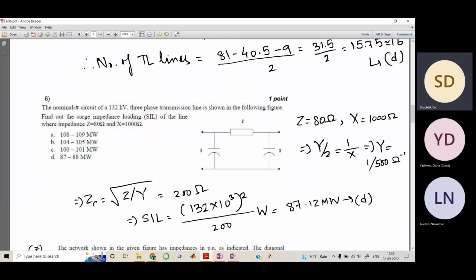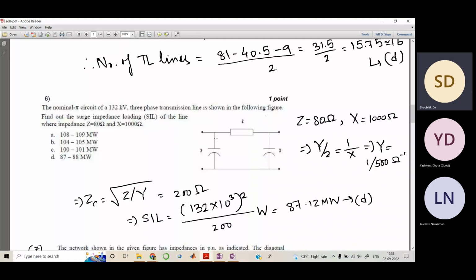So let us first go through this problem. A nominal pi circuit of a 132 kV three-phase transmission line is shown in the following figure. This is a pi circuit transmission line, as we saw in the previous assignment. They are asking us to find the surge impedance loading, SIL, of the line, where the impedance is Z equals 80 and X equals 1000, 1 kilo.